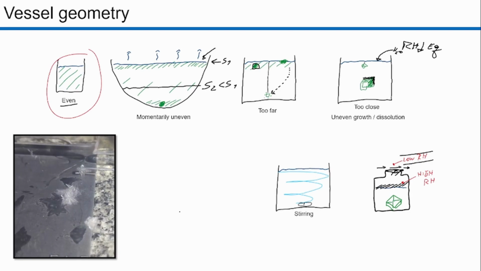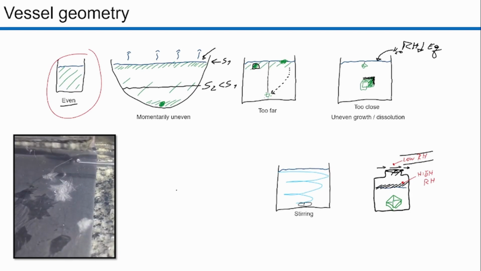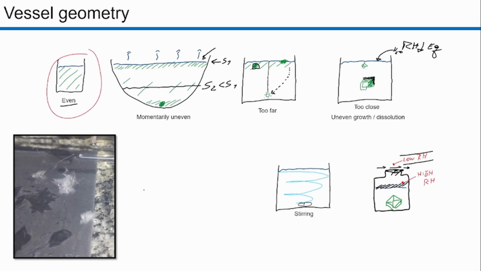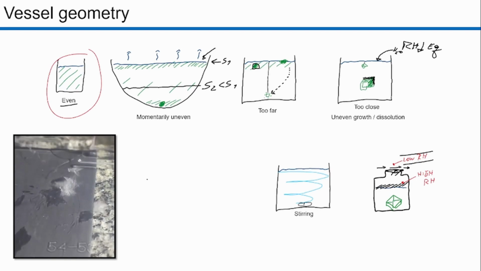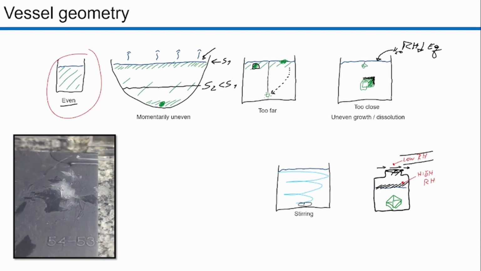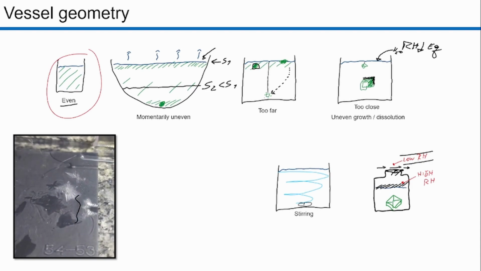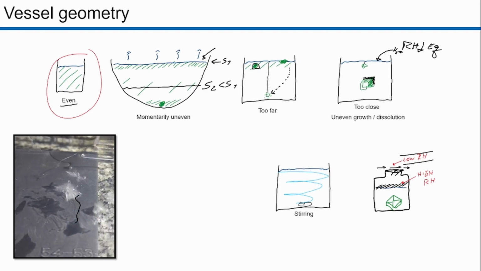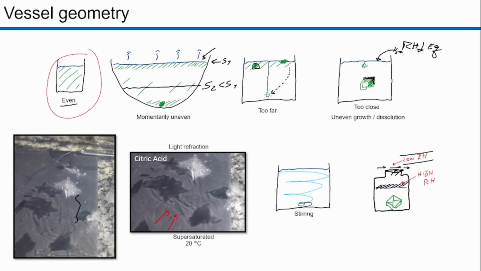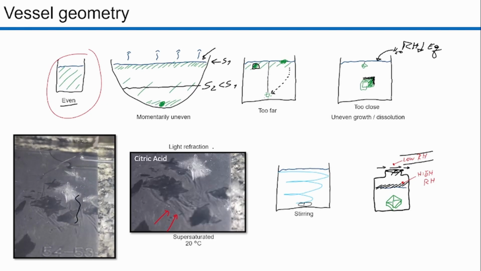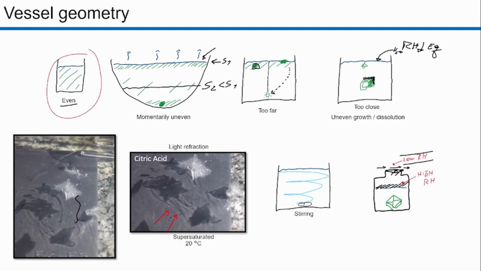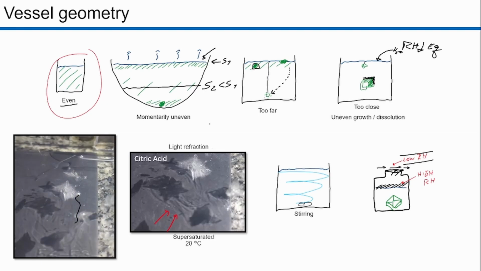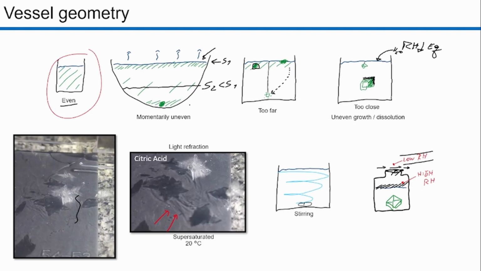You can see in this video an example of changes in concentration. These are citric acid crystals, and you can see on the shadow these wavy-like shadows along the crystals. These are light refraction phenomena, because the density of the solution changes with the concentration of solute.